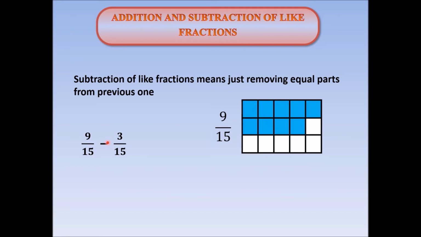It means I am going to remove these three equal parts from this rectangle, 1, 2 and 3. Hence this becomes 6 by 15. So 9 by 15 minus 3 by 15 is 6 by 15.